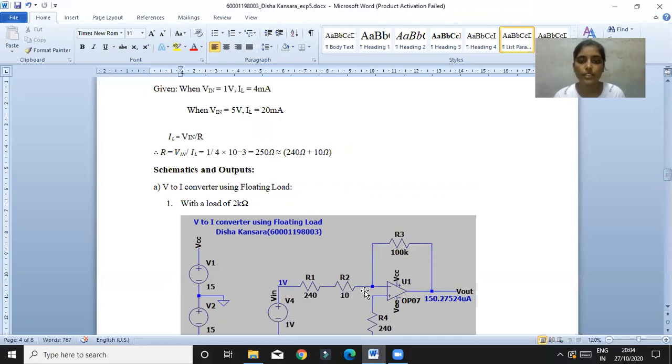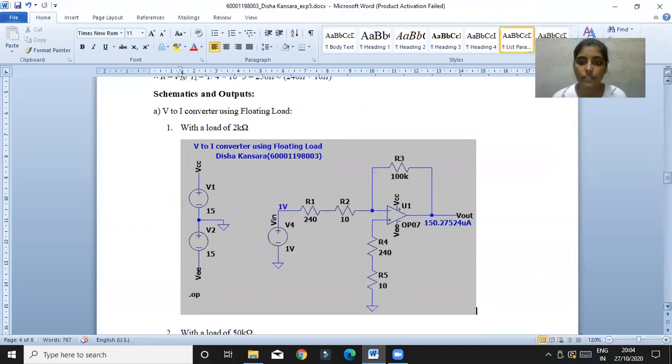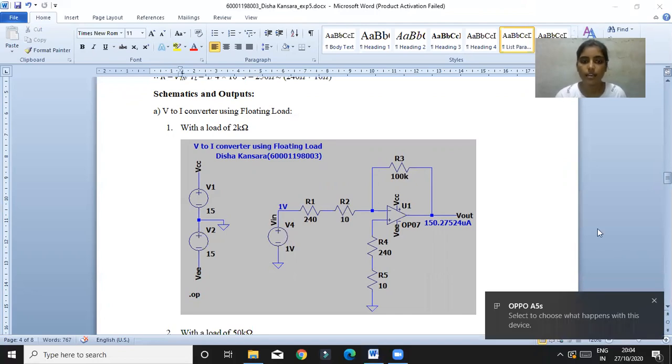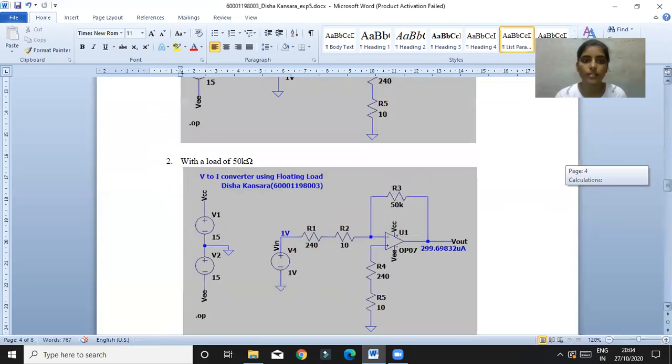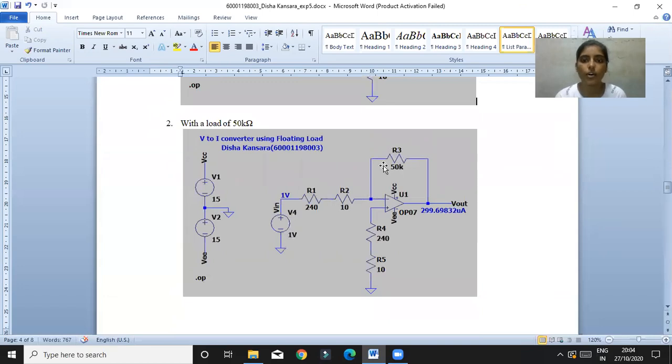In the output I get a current of 150.2752 microamperes. This is the first floating load, with a load of 2 kilo ohms. For the second one, I used a load of 50k, where I get an output of 299.69832 microamps with an input of 1 volt.